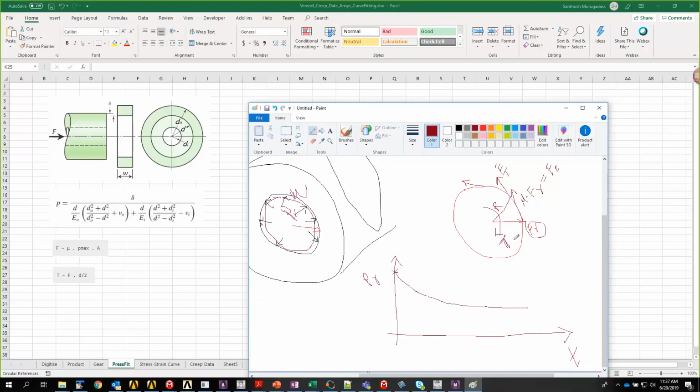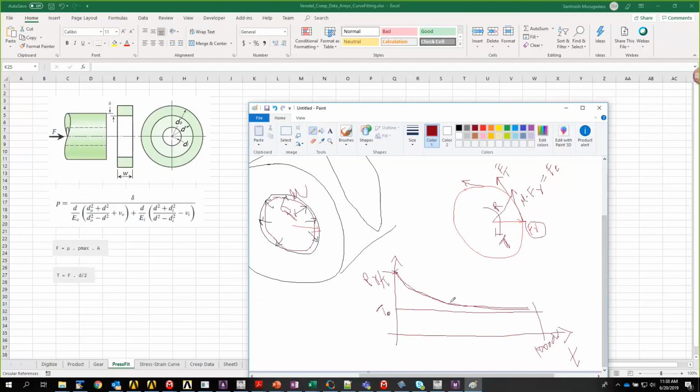Okay, so we are going to predict how much torque it is going to lose over time due to the creeping of the plastic material, so that we can increase the initial pressure. We should make sure the pressure or torque after, let's say, 10,000 hours is more than the torque which is transmitted by the belt, which is the operating torque.